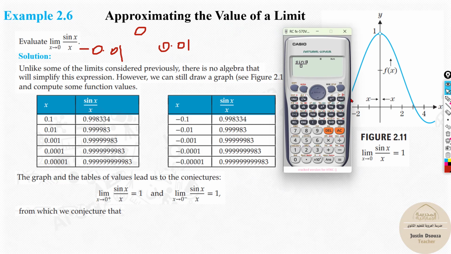Now every time, instead of deleting and changing it, you can substitute, say here x, sine x, and divided by x, and then you can assign the value of x. But first let us change into radians.